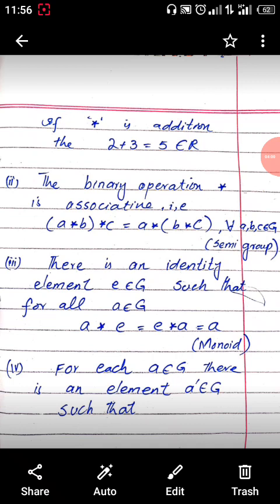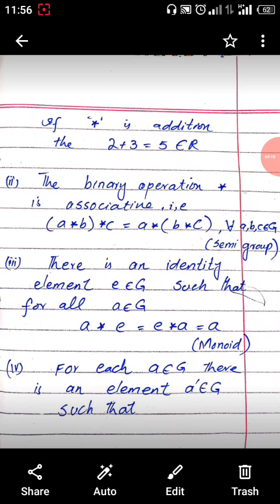It means that the additive identity is 0. Similarly, the multiplicative identity is 1. For example, 10 multiplied by 1 is 10, 100 multiplied by 1 is 100. It keeps its identity when multiplied by 1.